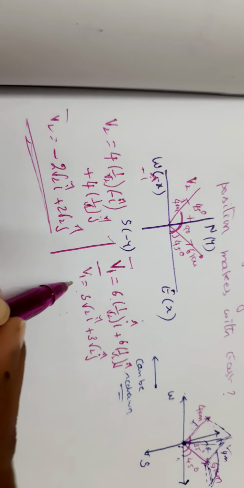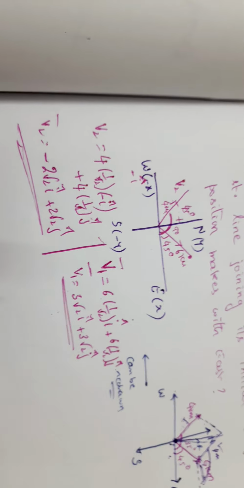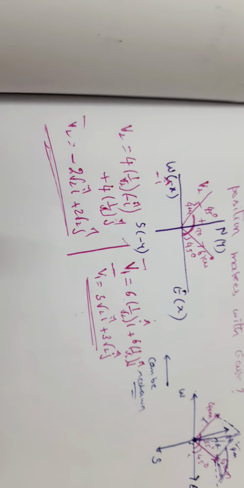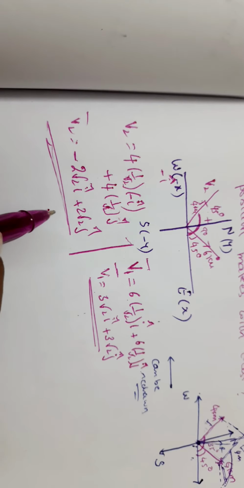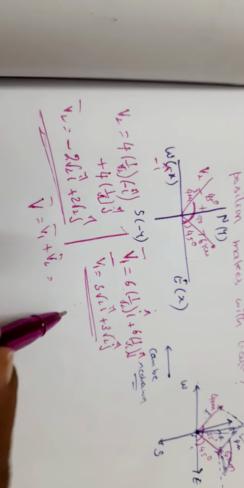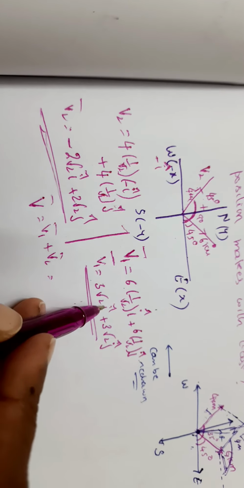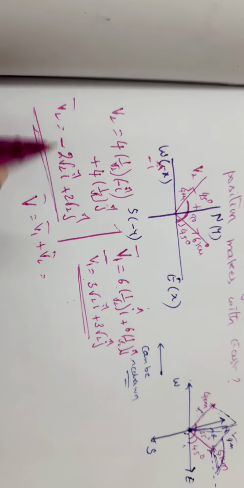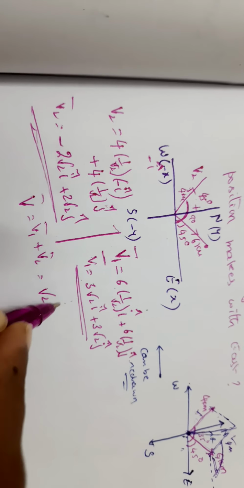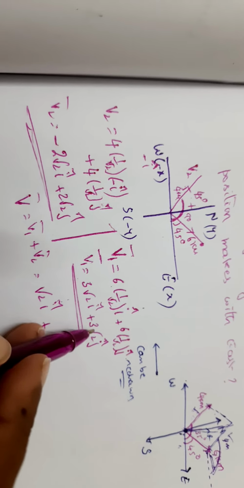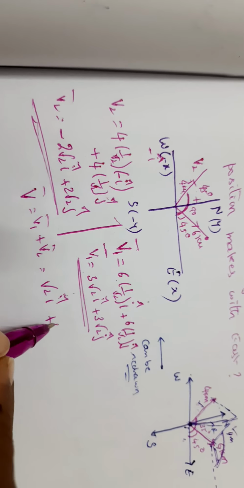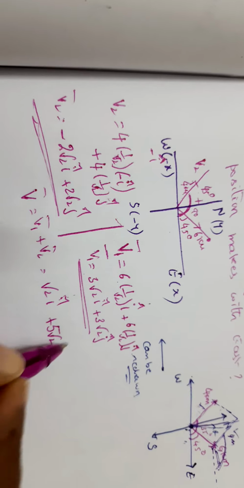So I know these two. Now what we need is the resultant. V bar is equal to V1 bar plus V2 bar. So this is 3 root 2 i cap minus 2 root 2 i cap, which is root 2 i cap, plus 3 root 2 j cap plus 2 root 2 j cap, which is 5 root 2 j cap.